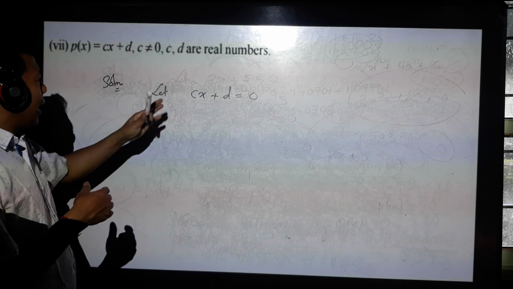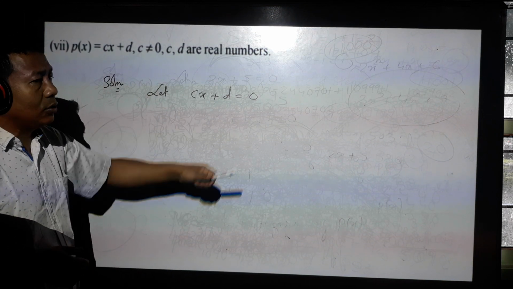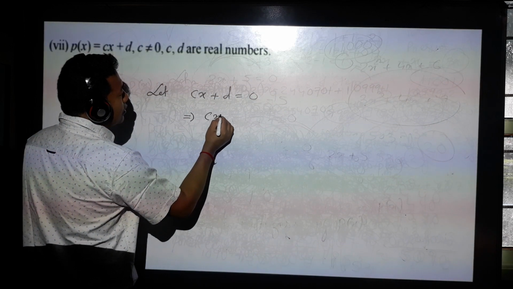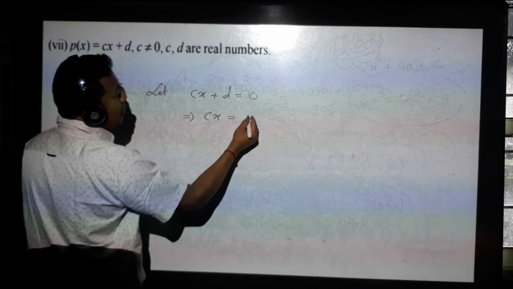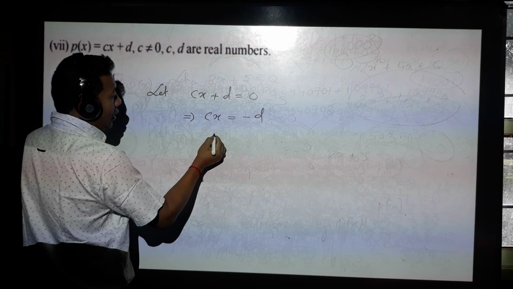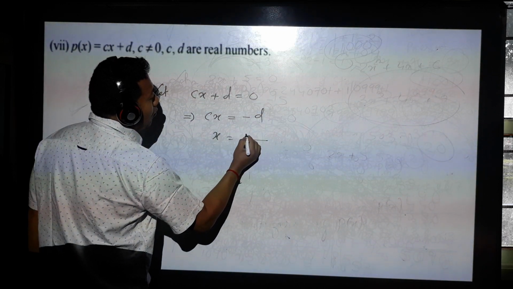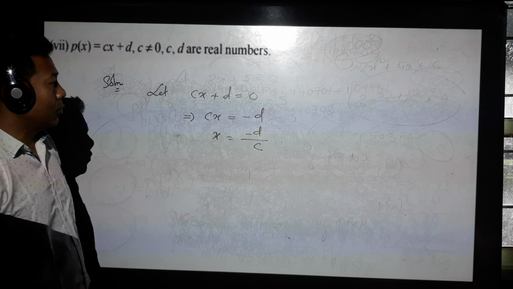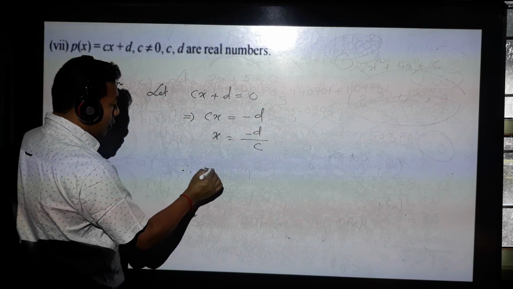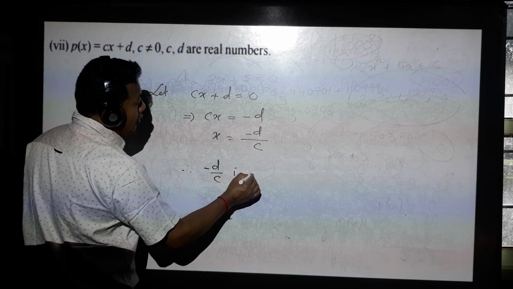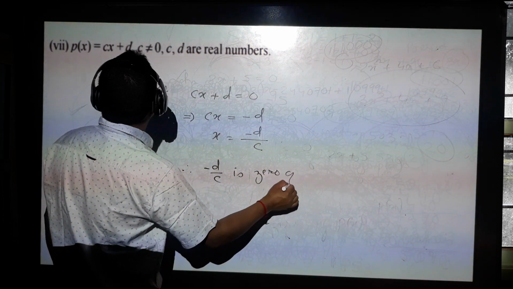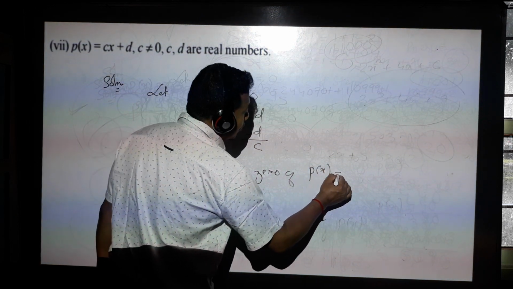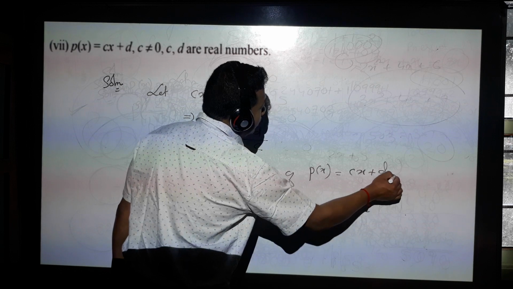So let us put cx plus d equal to 0 and find out the value of x. This implies cx equal to, if I transfer d to this side, minus d, so x equal to minus d by c, and this is the zero of the polynomial. Minus d by c is the zero of p of x equal to cx plus d.